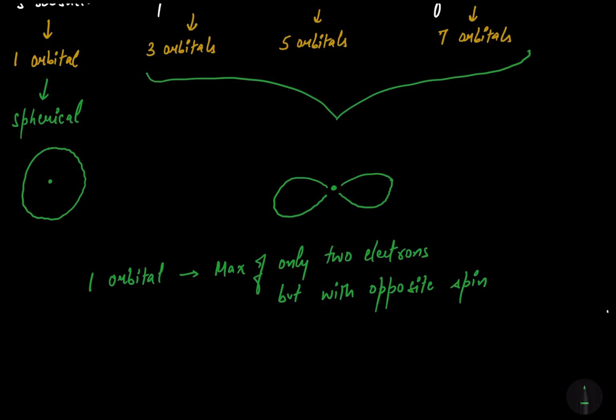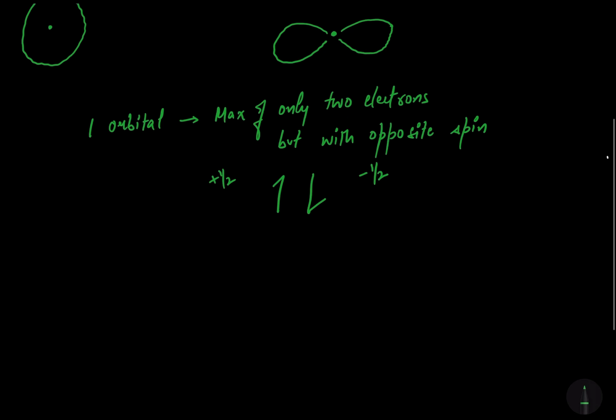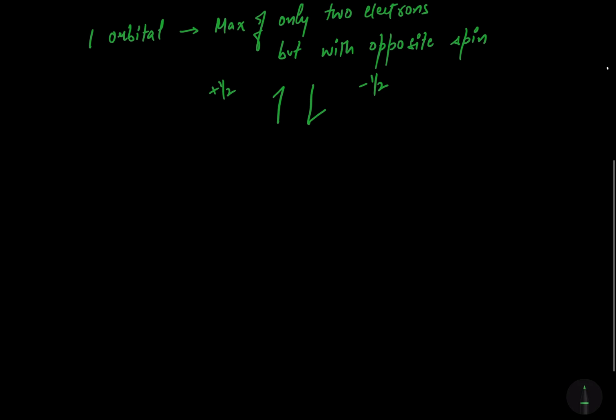That means if in an orbital the one electron is like this and the spin is plus 1/2, then the other electron will be like inverted, that is the spin of minus 1/2. So the two electrons in an orbital will exist only with the opposite spins to minimize the repulsive forces.